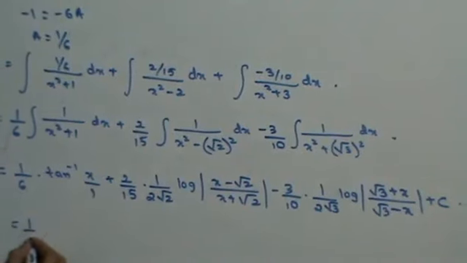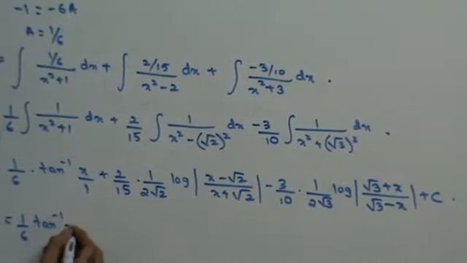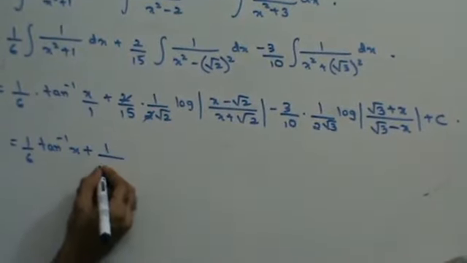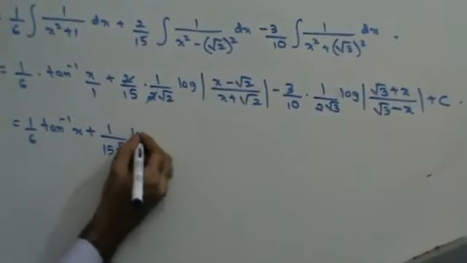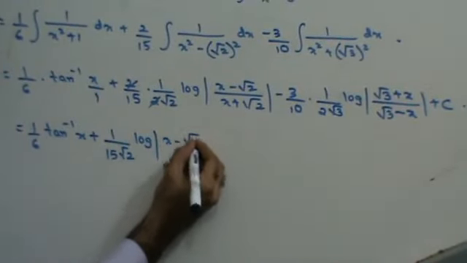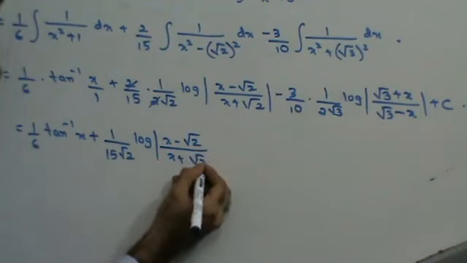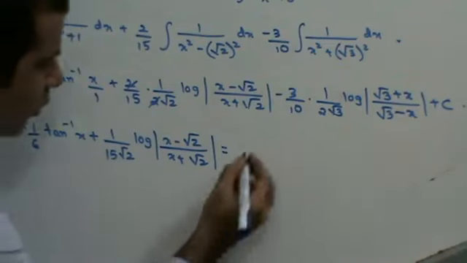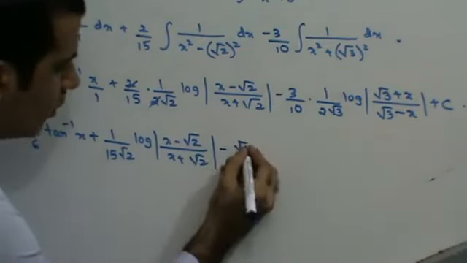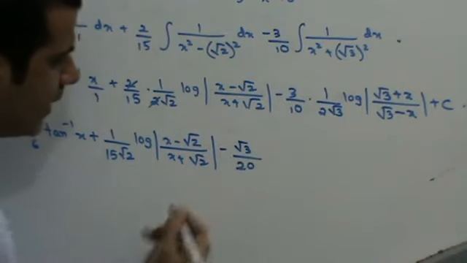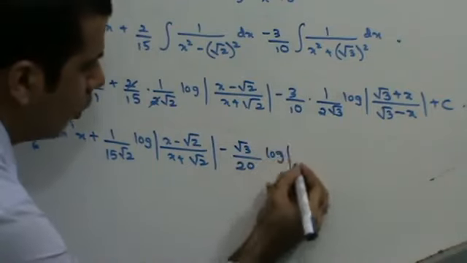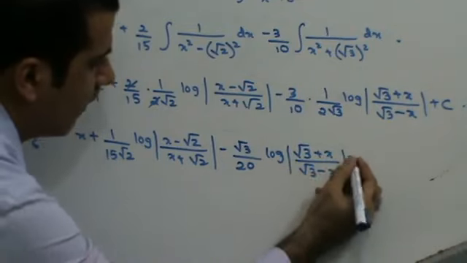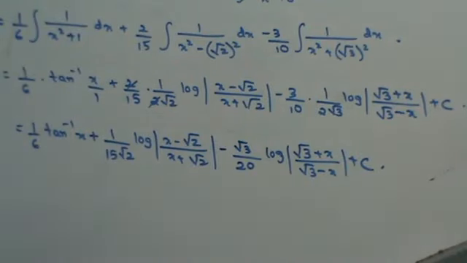This can be written as 1 upon 6 tan inverse of x, 2 and 2 get cancelled, so this is plus 1 upon 15 root 2 log mod x minus root 2 upon x plus root 2. This is root 3 and 3 will get cancelled, so you will get root 3 upon 20 log mod root 3 plus x upon root 3 minus x plus c. That will be your answer.